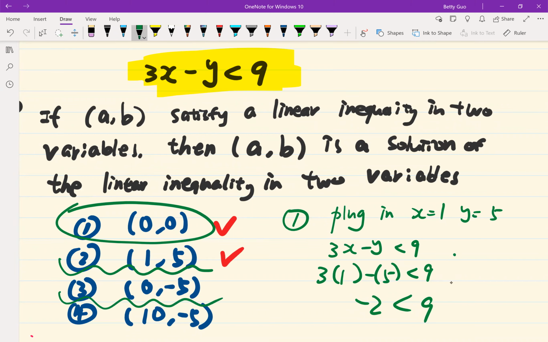Okay, number 3. Let's try this time x equals 0, y equals -5. We're going to determine if (0, -5) is a solution. We have x equals 0, y equals -5. Be careful with the sign. Let me know what you have.